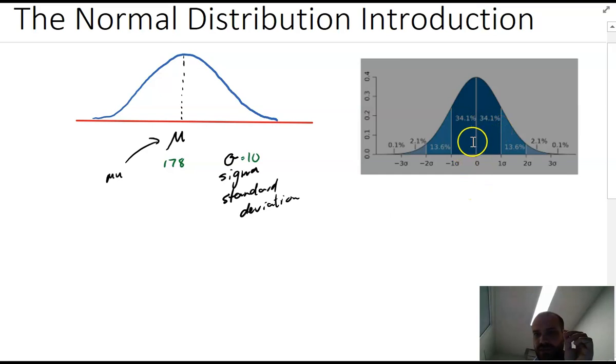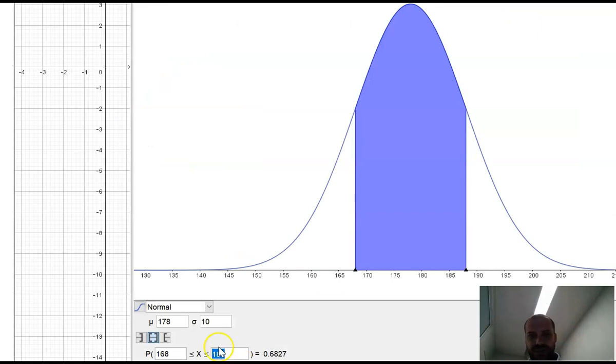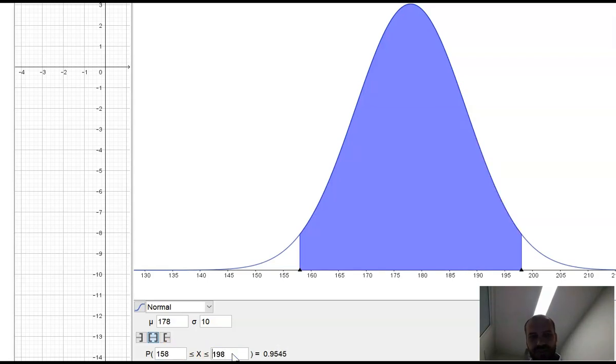You can see here 34.1% are 1 standard deviation above the mean, 34.1% are 1 standard deviation below the mean. And then we can go up another step. Let's try 2 standard deviations, 158 to 198.